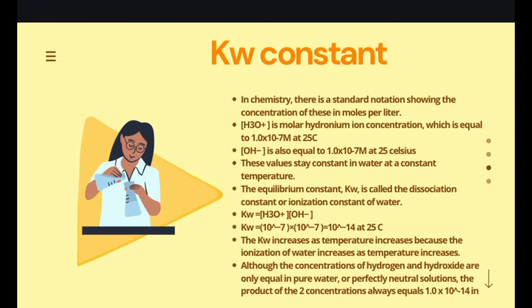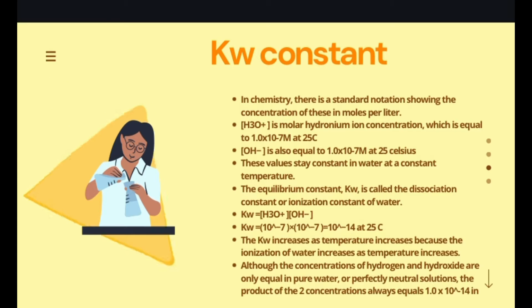These values always stay constant in water at a constant temperature. The equilibrium constant, Kw, is called the dissociation constant or ionization constant of water. You multiply hydronium and hydroxide, 10 to the power of -7 and 10 to the power of -7, and you get 10 to the power of -14 at 25 degrees Celsius.